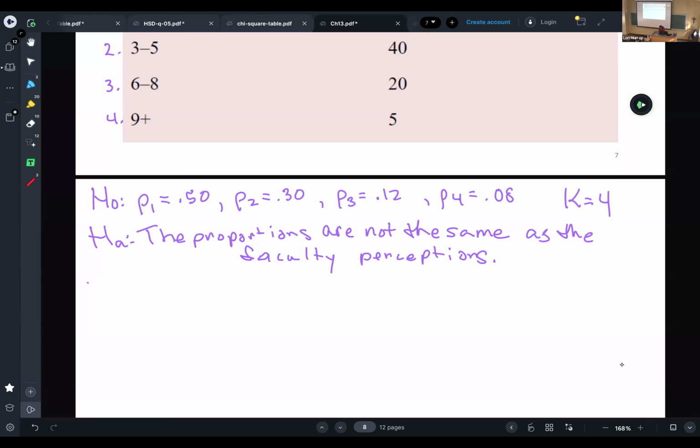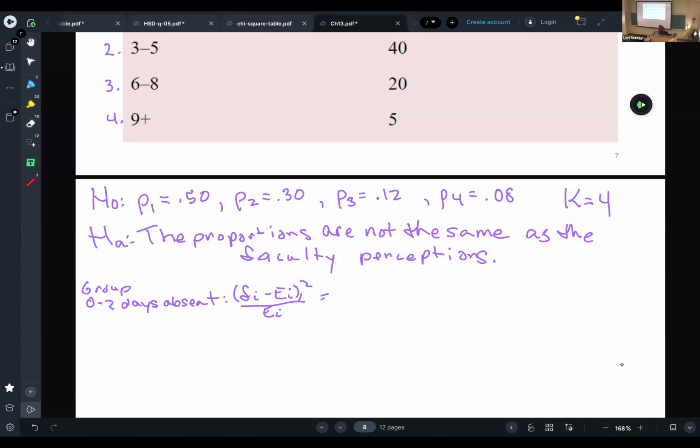So group 1, 0 to 2 days absent. I'm going to give myself lots of room here. It's going to be f of i subtract e of i, squared, divided by e of i.